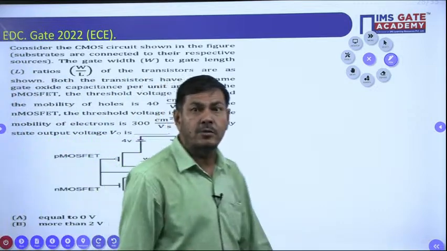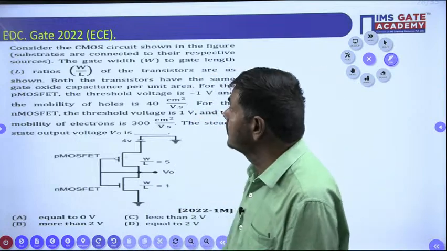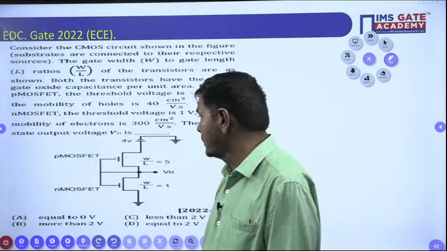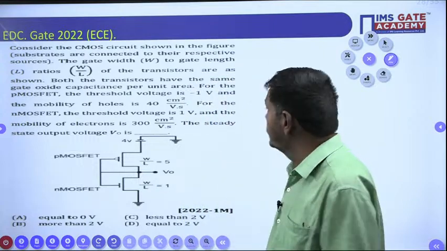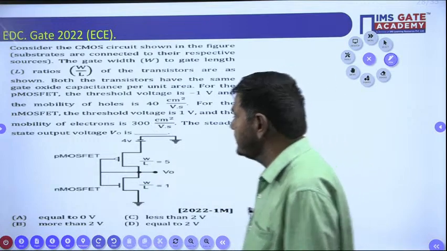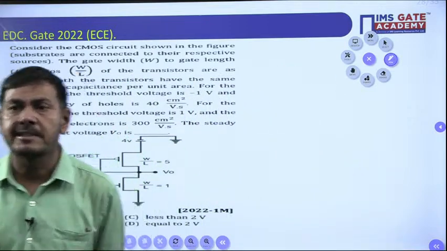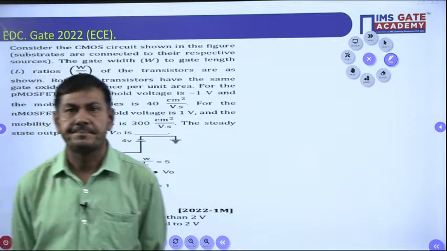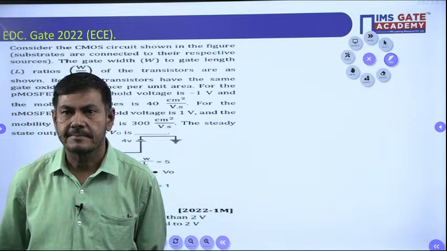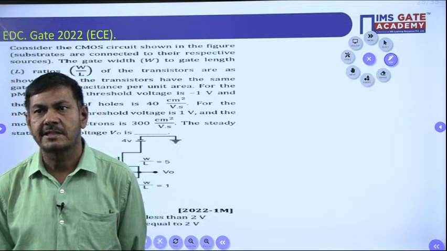There is one more GATE 2022 question. Anybody can give what is the answer for this question? Any student can give an answer. You take some time and give the answer, but I want to wait for some time.